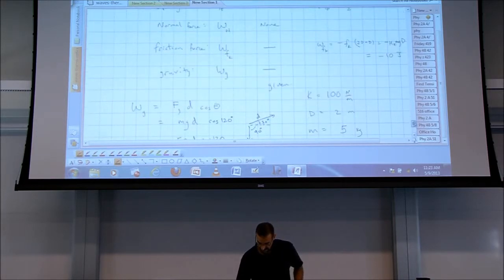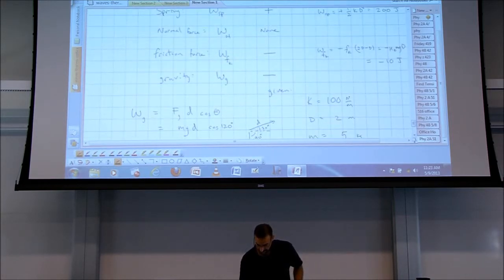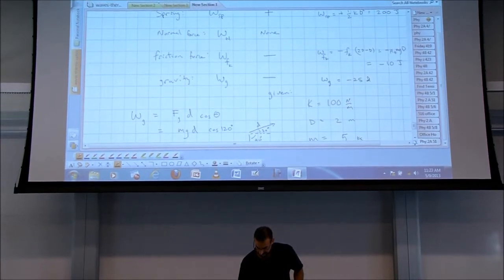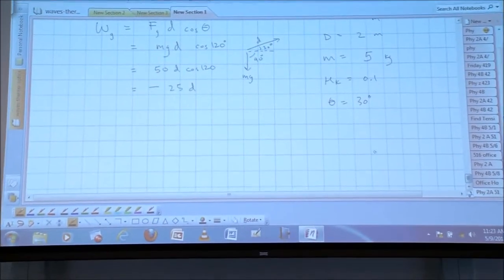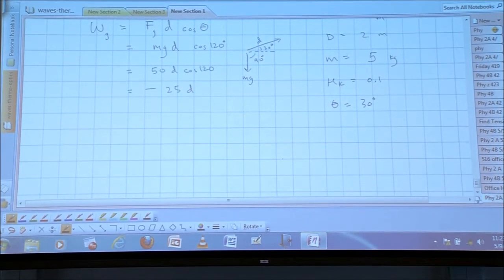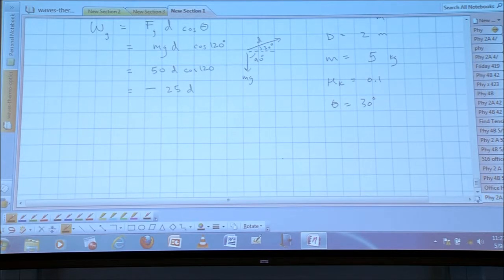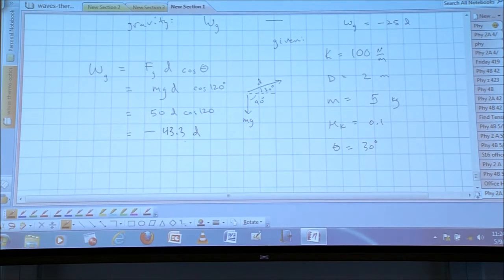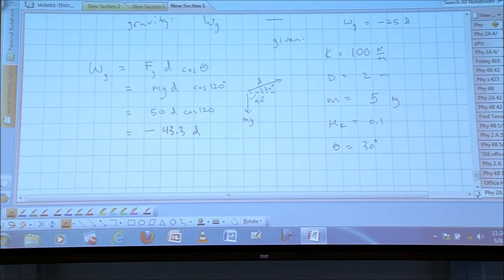Okay, so now there's another way to figure out the work done by gravity. D times the cosine of 30 is what? 50 times cosine 120 gives us negative 43.3.